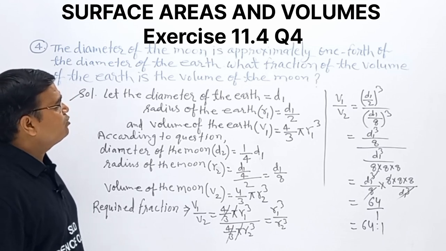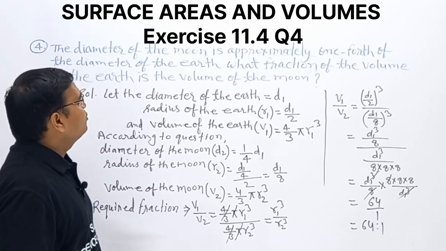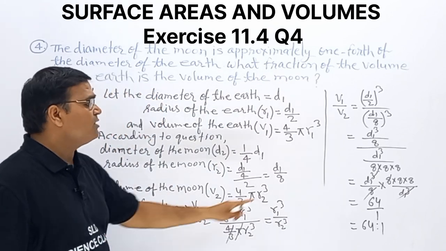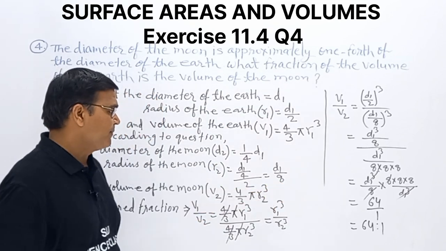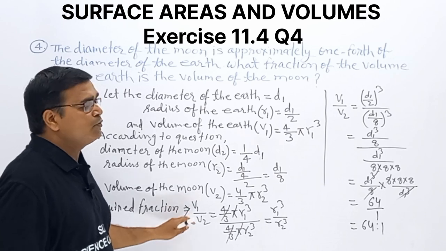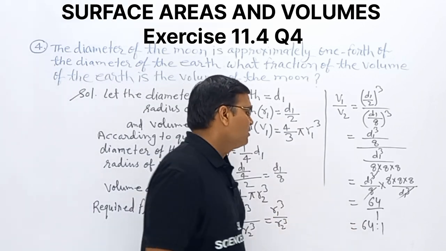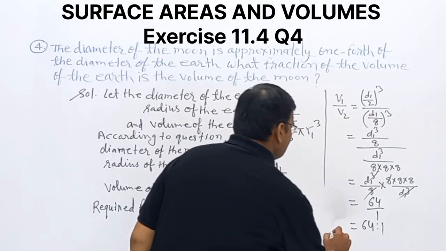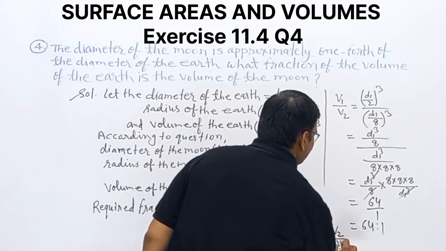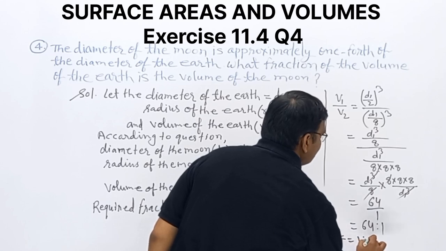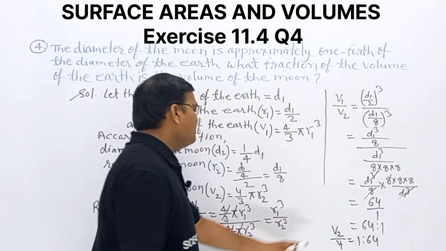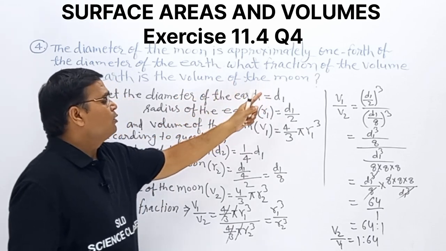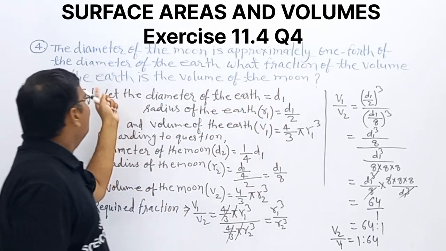For the volume of the earth upon the volume of the moon, the required ratio is 64 is to 1. That is v1 upon v2. But if it is v2 upon v1, then we get 1 is to 64. What is the meaning of this? v2 upon v1 is the volume of the moon to the volume of the earth.